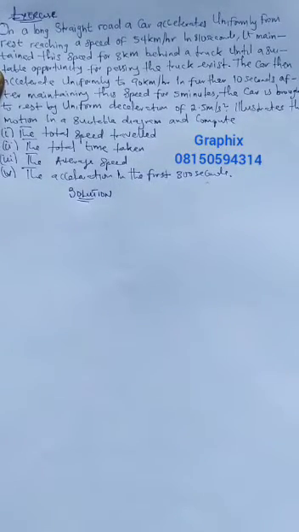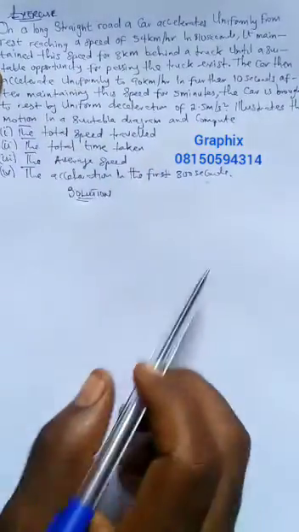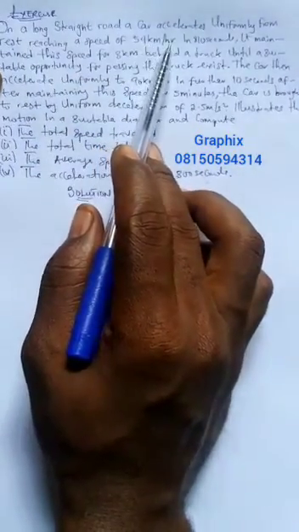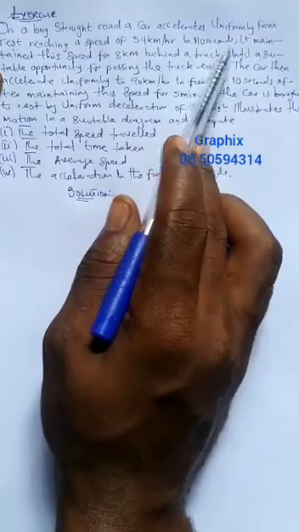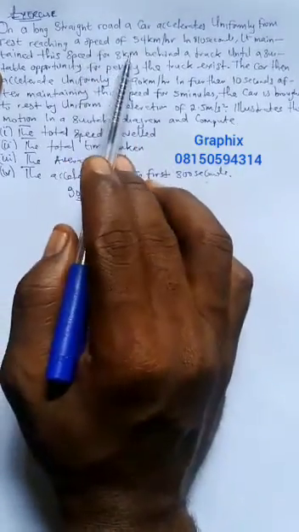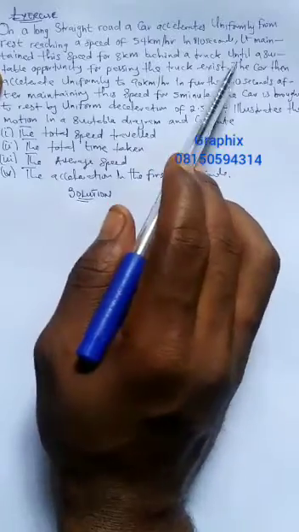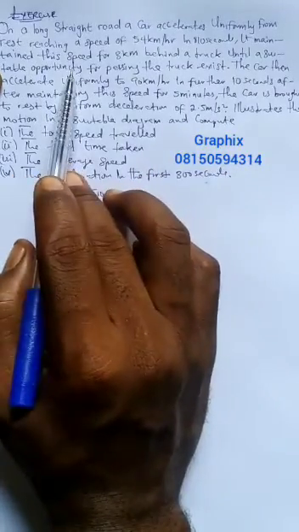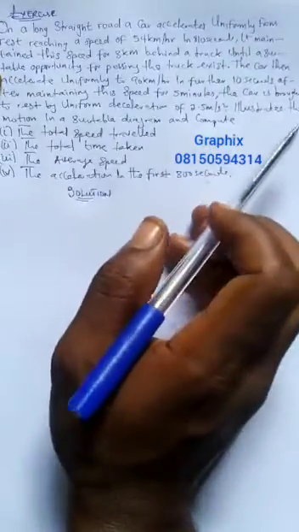Today we'll be looking at this example on motion. It says on a long straight road, a car accelerates uniformly from rest, reaching a speed of 54 km per hour in 810 seconds. It maintained this speed for 3 km behind the truck until a suitable opportunity for passing the truck exists.